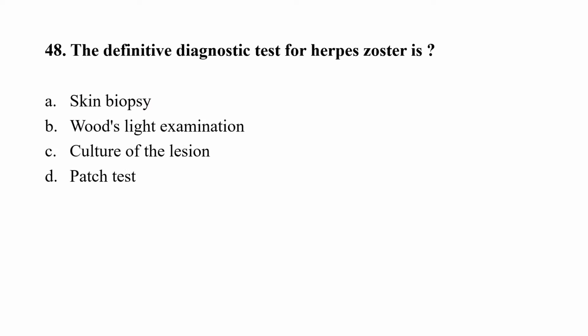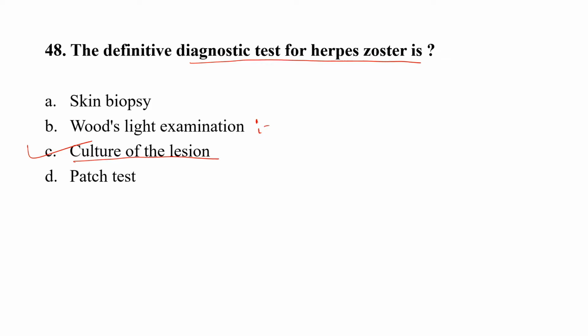Question number 48. The definitive diagnostic test for herpes zoster is option A, skin biopsy, option B, Wood's light examination, option C, culture of lesion, option D, patch test. The correct option here is option C, culture of lesion.